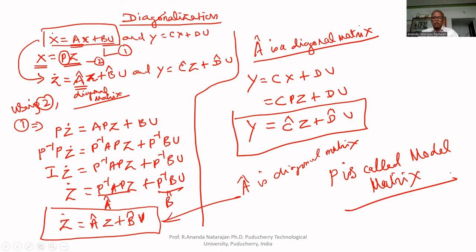We'll find P after finding the eigenvalues. The roots of the characteristic polynomial are called eigenvalues. First, we have to find the characteristic polynomial.